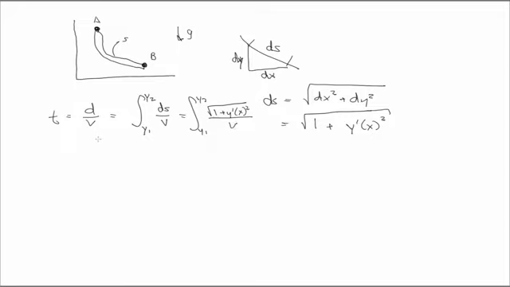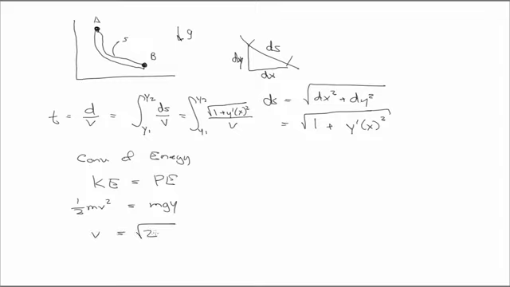All right, and then we're just talking about a particle here. So we can say, just from conservation of energy of a particle, that the kinetic energy is equal to the potential energy. Well, then that's 1/2 mv squared equals mgy. Therefore, v is equal to the square root of 2gy.